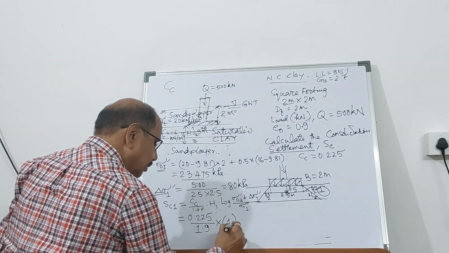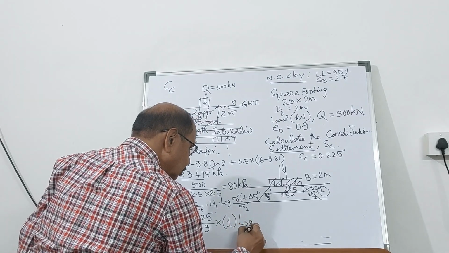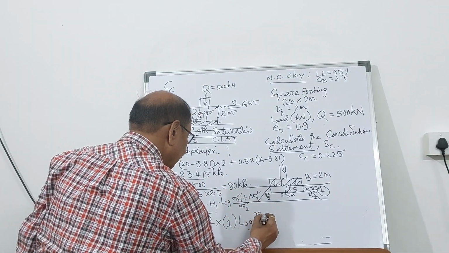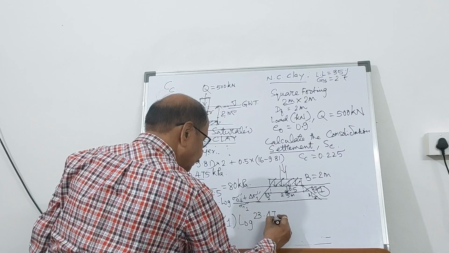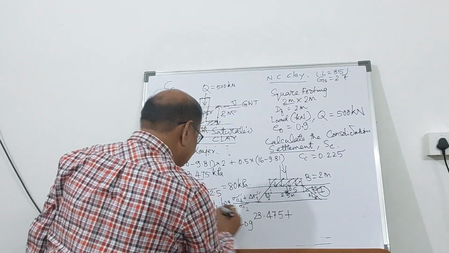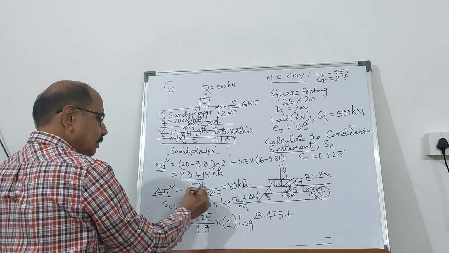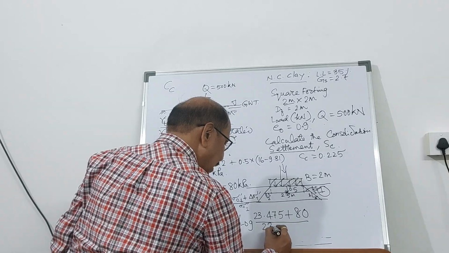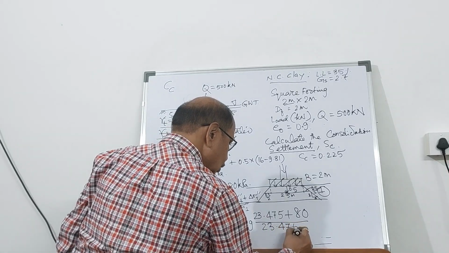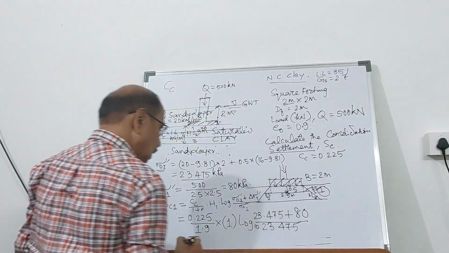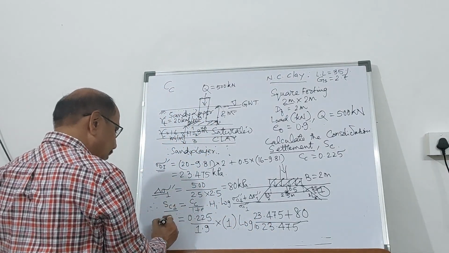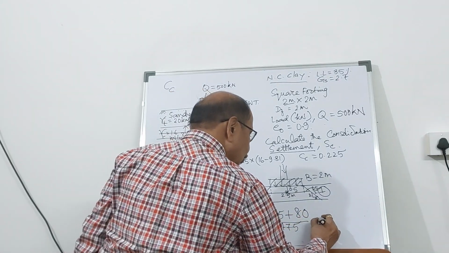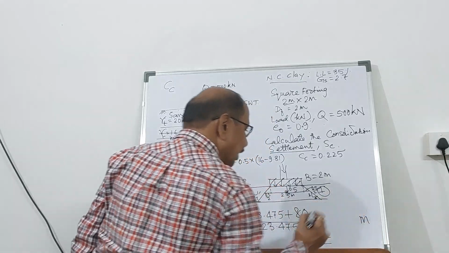So you can write 1 meter into log of sigma naught prime for layer 1, which is 23.475, plus delta sigma prime for layer 1, computed as 80, divided by sigma naught prime, to the base 10. So this becomes the consolidation settlement Sc for layer 1. If we compute, we will be getting the value in meter.